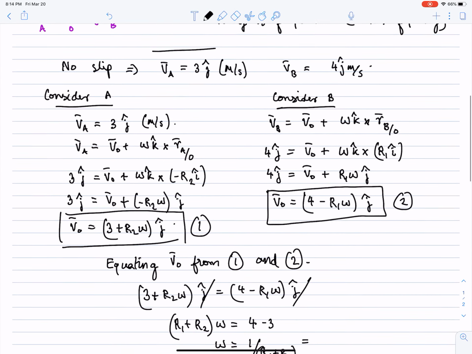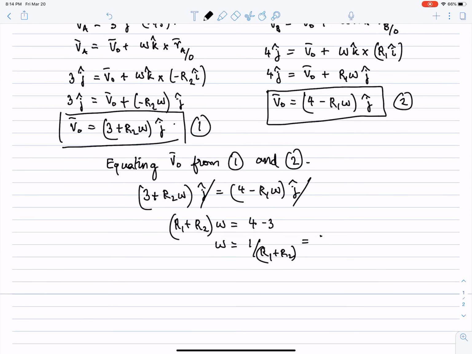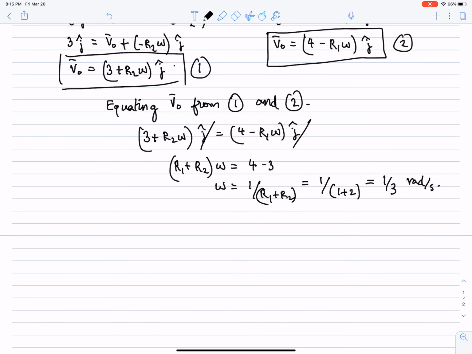So that's going to be 1 over 1 plus 2 equals 1 over 3. Okay, so that's 1 over 3 radians per second, or omega equals 1/3 radians per second. This is an answer.